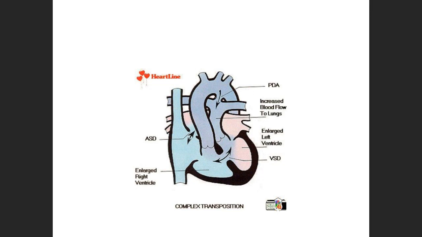For example, at the level of an atrial septal defect or by persistent patency of the ductus arteriosus, PDA, and by a ventricular septal defect, which will allow mixing at the level of the ventricle.